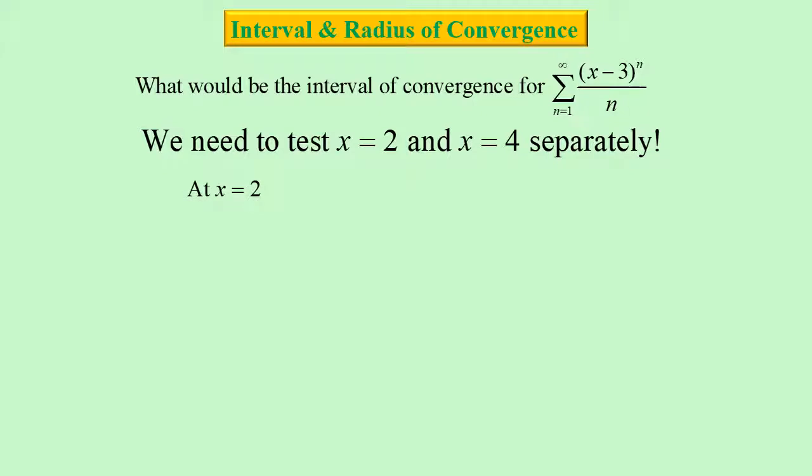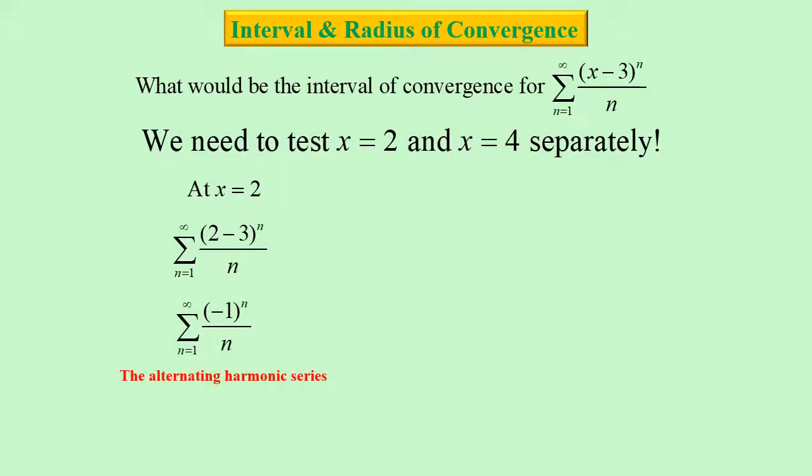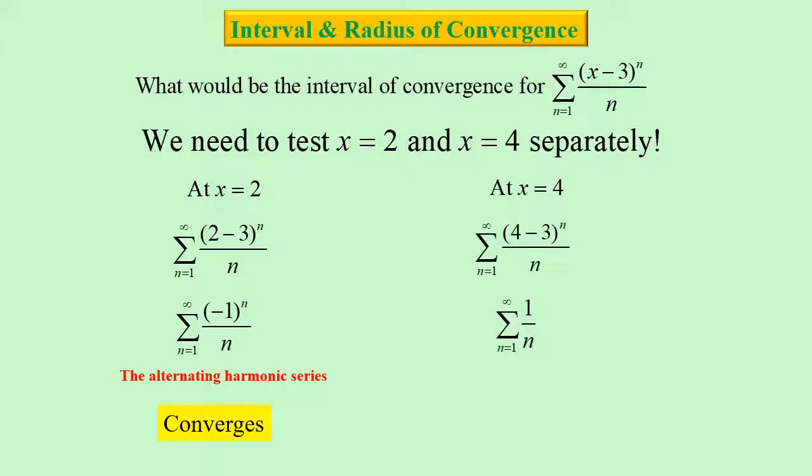So when x is a 2, here's what the series would look like. That would be the alternating series. That's harmonic. We studied that back in Calculus 2. That converges. If x is 4, it's the harmonic series, not the alternating harmonic series.